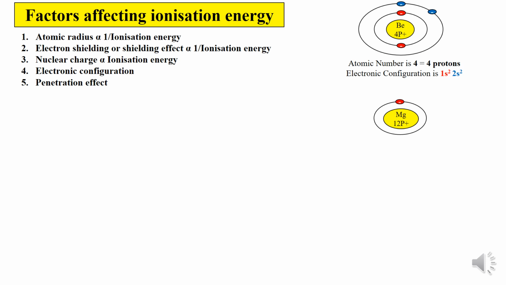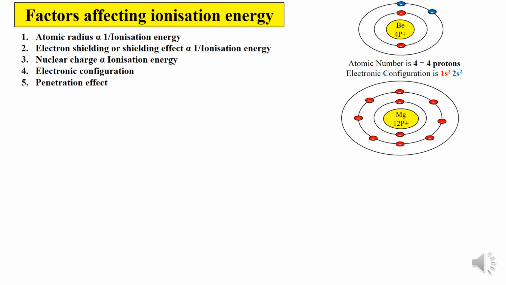Magnesium has 12 protons in its nucleus, 2 core electrons in the first shell, 8 core electrons in the second shell, and 2 valence electrons in the outermost shell. Atomic number is 12. That is, it contains 12 protons in its nucleus. Electronic configuration is 1s2, 2s2, 2p6, 3s2.